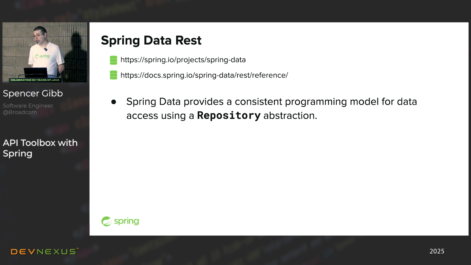Given one of these repositories, it will auto-generate a REST API for you based on that repository, including all the custom queries and accessors and updates and things like that. So it's very slick, and for certain classes of applications, sometimes this is the simplest and quickest thing you can do to get up and running.